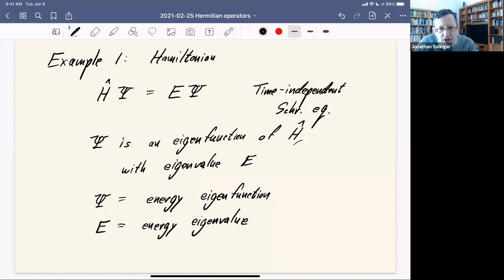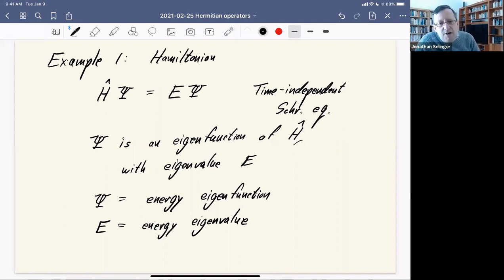And remember, you already knew that. You already knew that if we have one of these special solutions for the time-independent Schrodinger equation, there's an energy, because we've been calculating it in all the examples this semester.